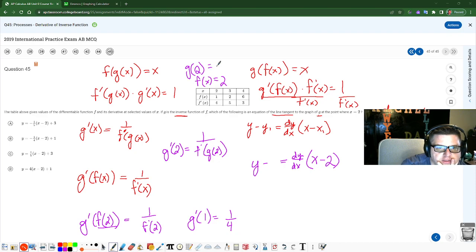And remember, if I want this to equal x, then what is going to get me 2? 3.